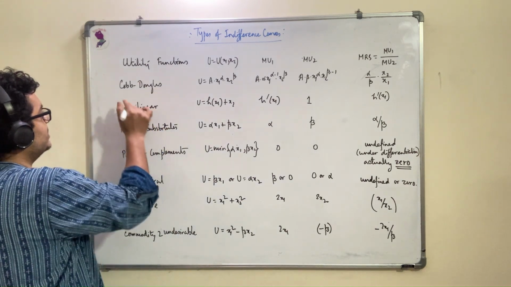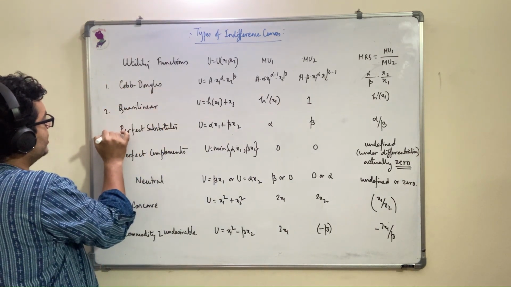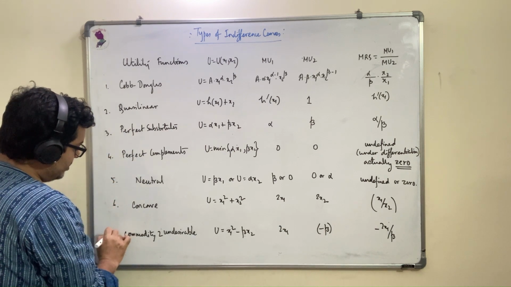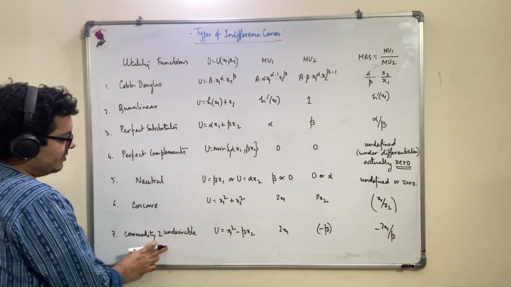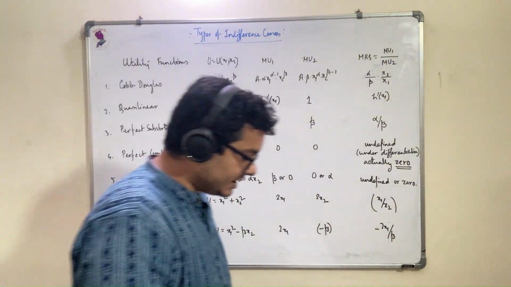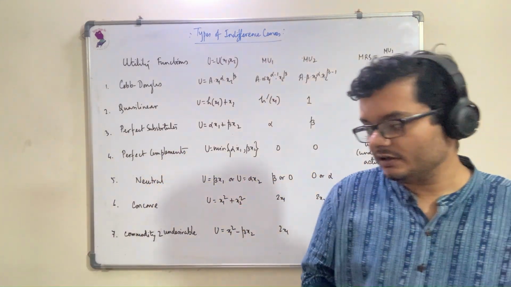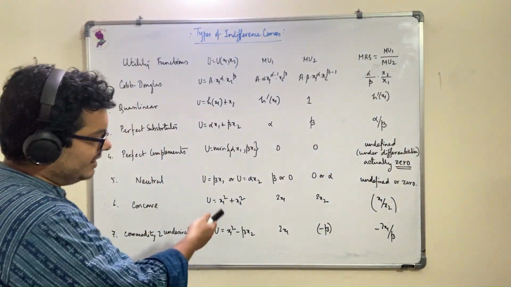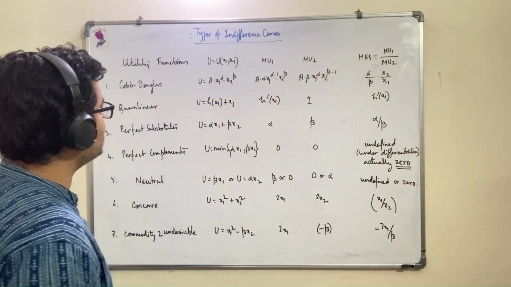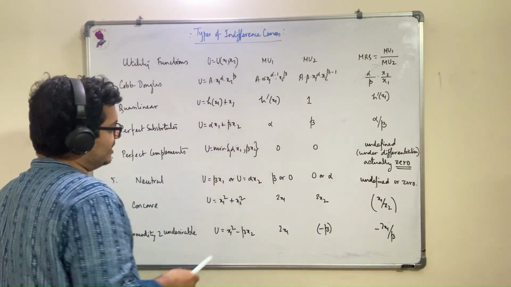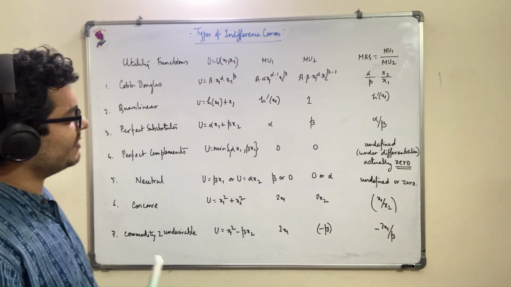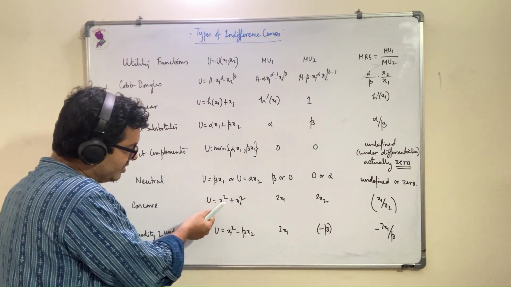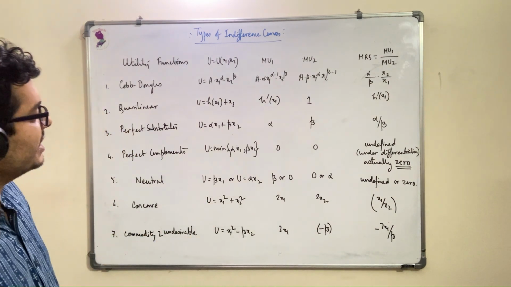So utility functions, that is the names first: Cobb-Douglas, quasi-linear, substitute, complement, neutral, concave, and this one is only one commodity, that is the second commodity becoming undesirable. Okay, because as you understand, if commodity 1 is undesirable, then it will be analogous. Then the structure of utility function, these are taken to some extent general, and in case of concave I have chosen a slightly more specific one to make it simpler.